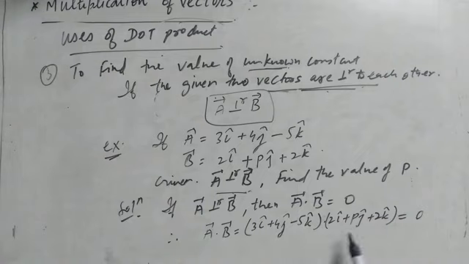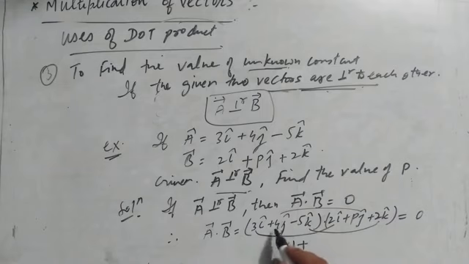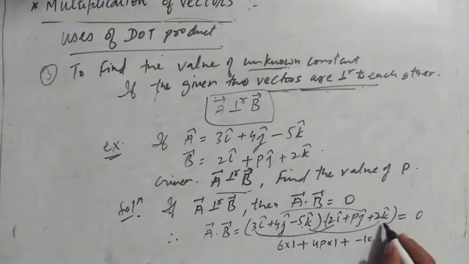Now find out their dot product. i with i, j with j, and k with k. So this becomes 3i into 2i becomes 6 into 1, plus 4 into p becomes 4p, j dot j becomes 1, plus minus 5 into 2 becomes minus 10, k dot k becomes 1, and the sum of all these is equal to 0.